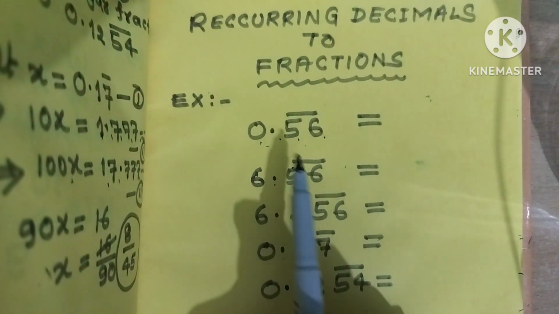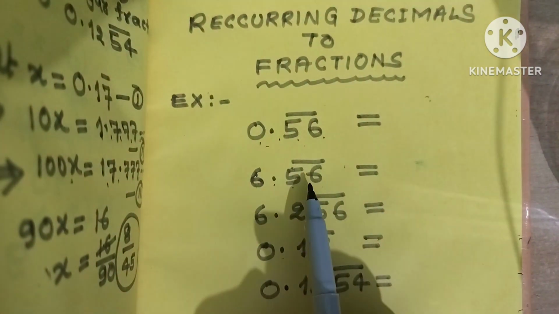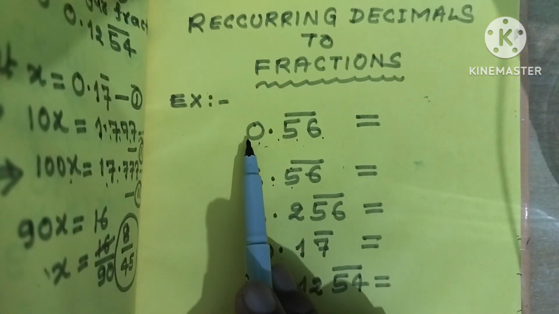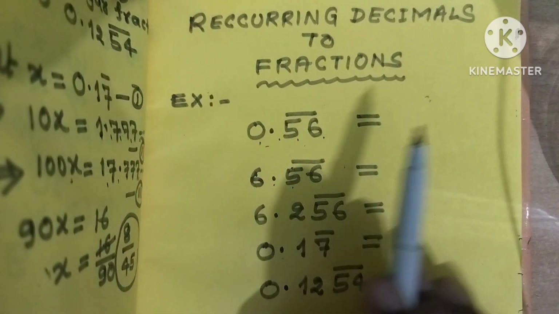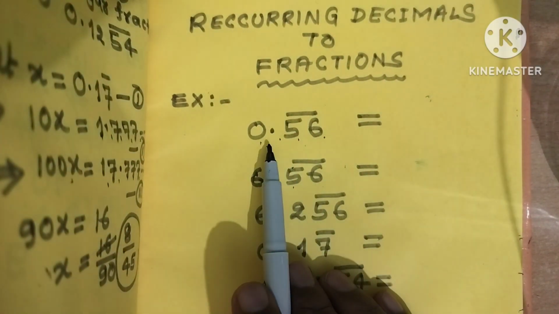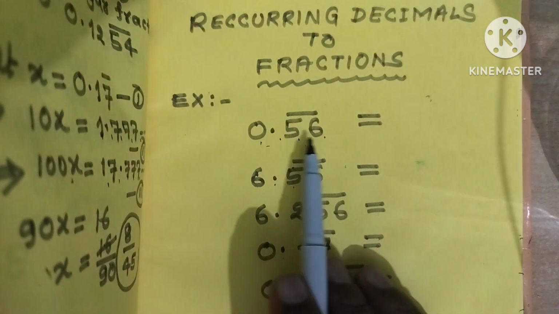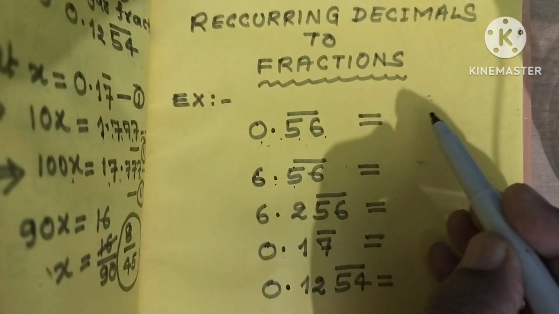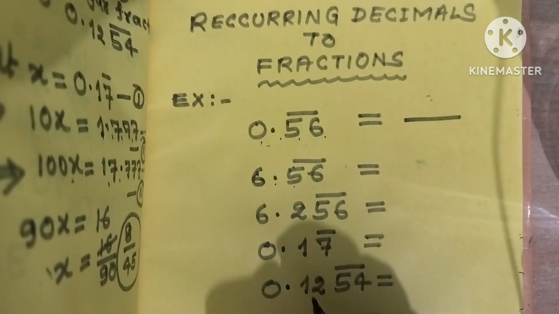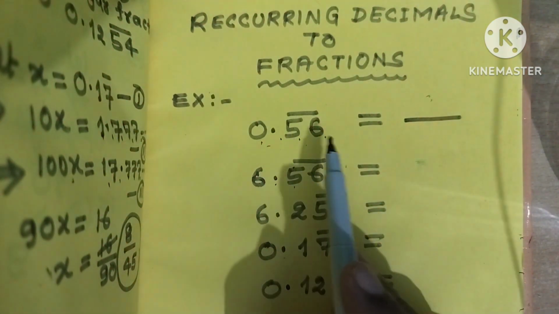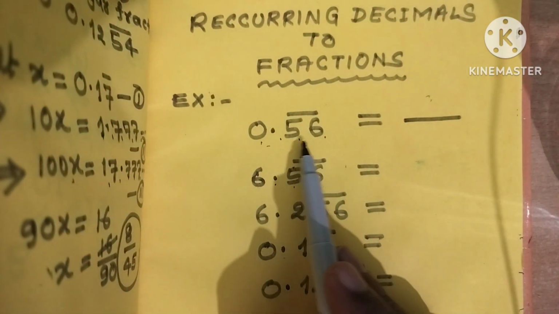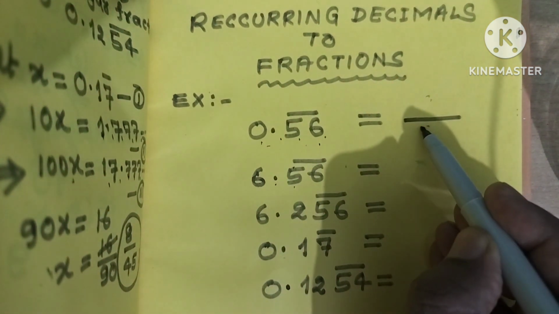0.56 bar, just observe the number. Before decimal point there is 0, so you see only 5 and 6. How many digits are repeating? 2 digits are repeating, so there will be 99.